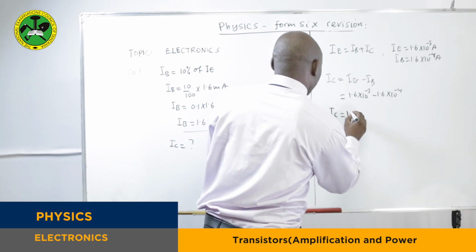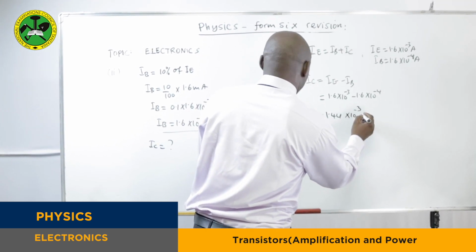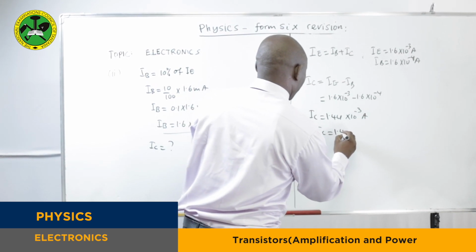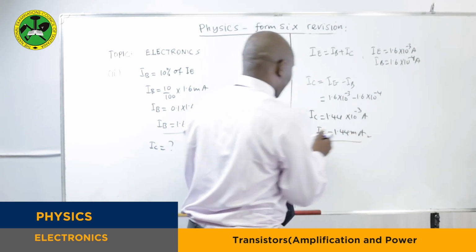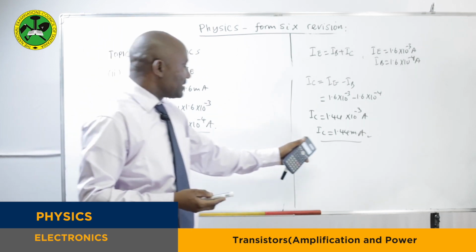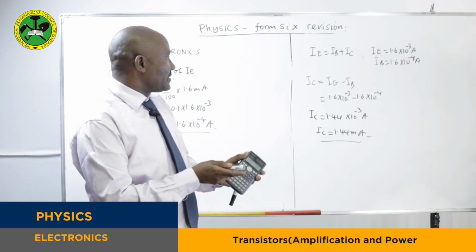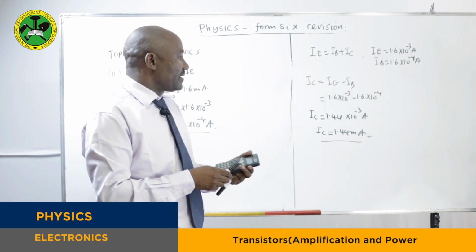This equals 1.44 times 10 to the -3 ampere, which is 1.44 milliampere. And you compare, this IC is 1.44 and the IB was 0.16. You find the ratio, and that is what we call the current gain.